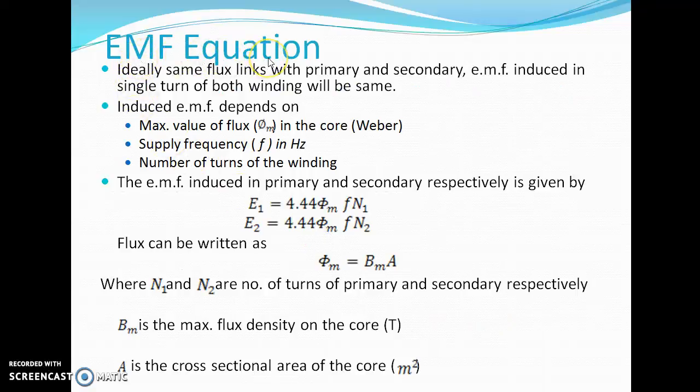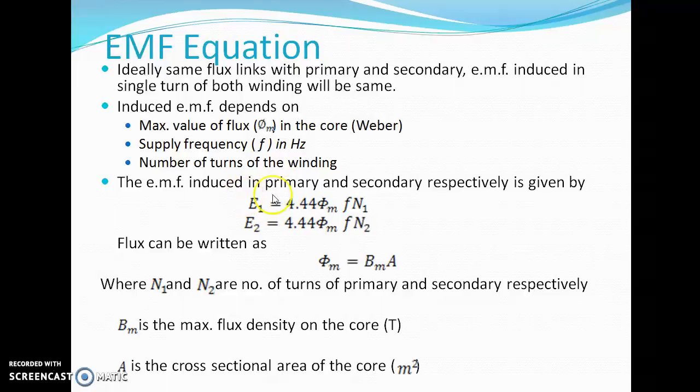Now, how much EMF is induced in either primary or secondary winding? So that is what we want, an EMF equation of the transformer. Ideally, if we neglect the leakage, same flux links with primary and secondary both, because it is confined in the core, and due to this, EMF induced in a single turn of both windings will be the same.